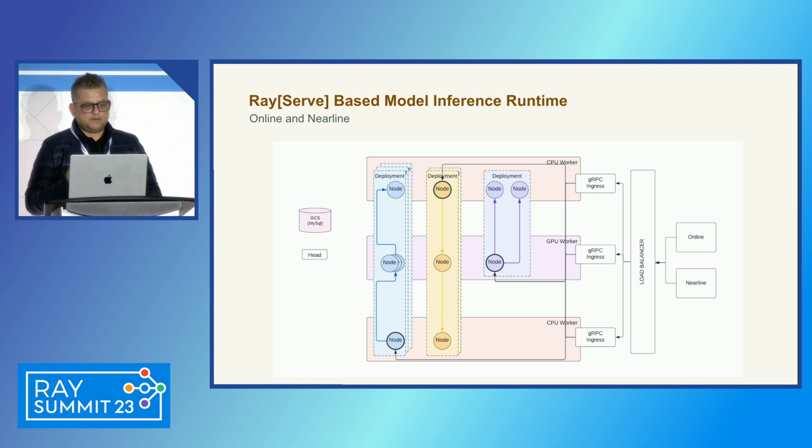So what we have designed is this Rayserve-based inference runtime. Essentially, what you can see here is a heterogeneous infrastructure where each inference graph is deployed as an independent unit. You can replicate them differently.